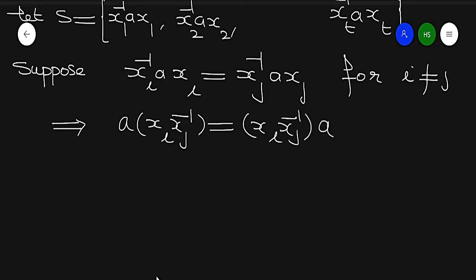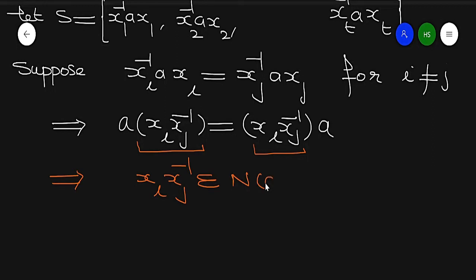So this element commutes with a. If this element commutes with a, it means this element belongs to the normalizer of a, by the definition of the normalizer of a.